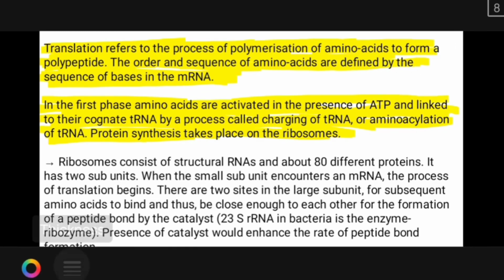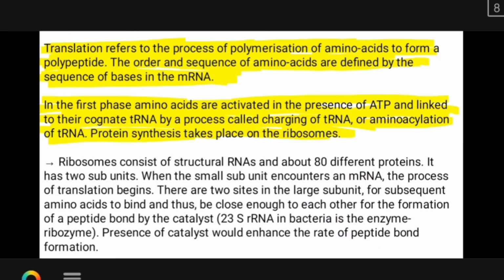Ribosomes consist of structural RNAs and about 80 different proteins. It has two subunits. When the small subunit encounters the mRNA, the process of translation begins, and then the larger subunit binds to the mRNA.